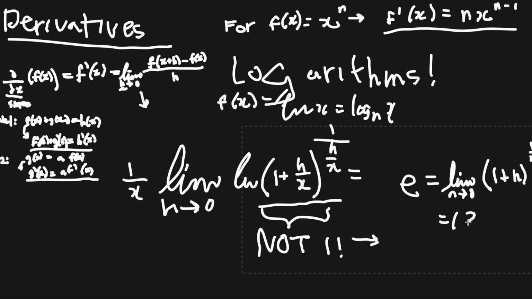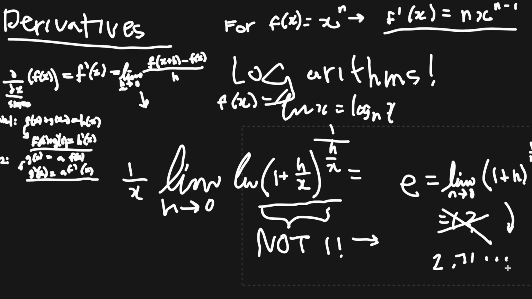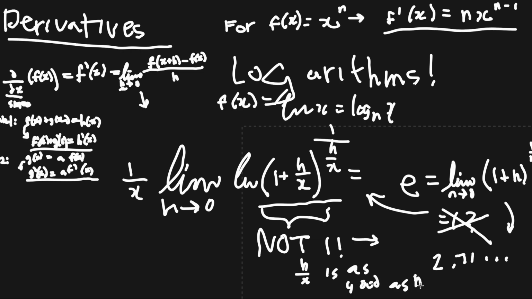You might think that this is just 1 to the infinity power and becomes 1, but as you get tinier and tinier values for n, which are closer and closer to 0, it actually goes to a separate value, e. In the derivative formula we have right there, we see the limit definition of e, albeit with h over x instead of n. However, x is a constant, so it doesn't matter in this case. h over x going to 0 is just as good as n going to 0.